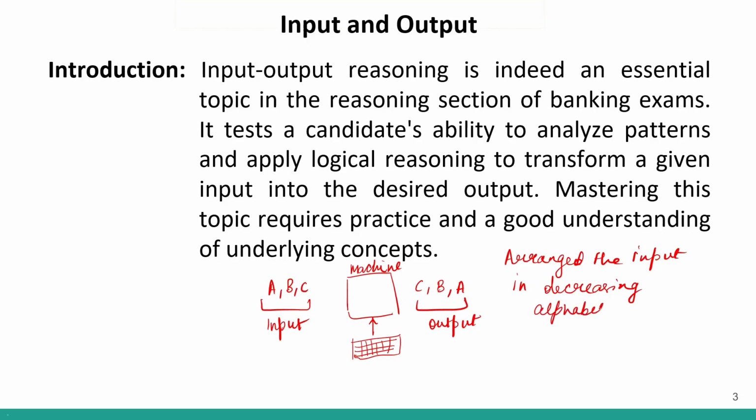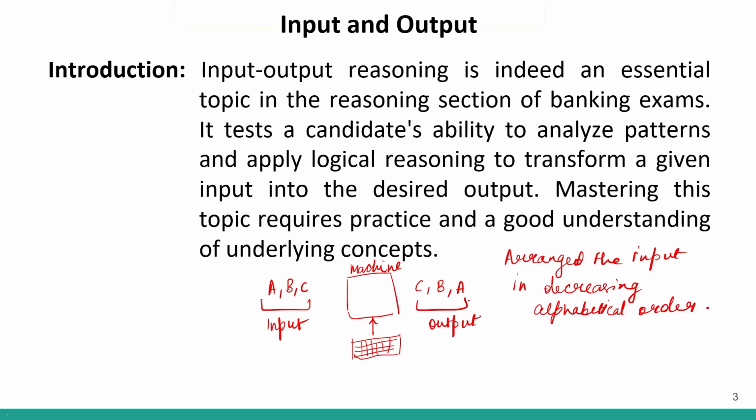This is what the machine has done. So this is how a machine input and output works. Basically, you feed this machine some input and it generates an output.